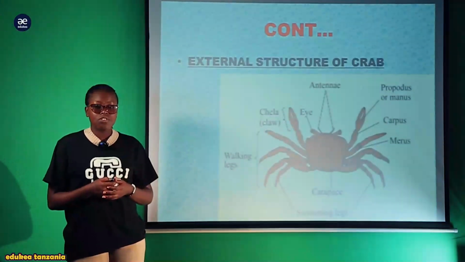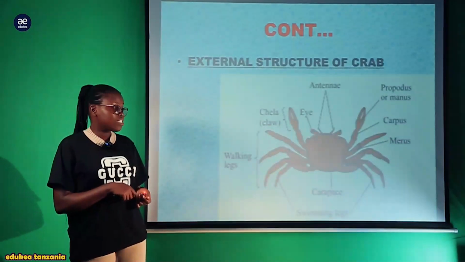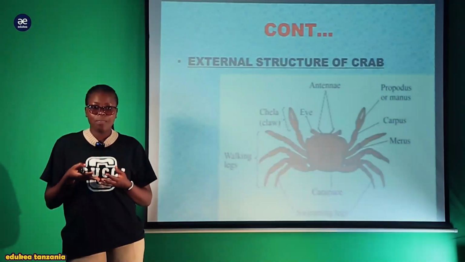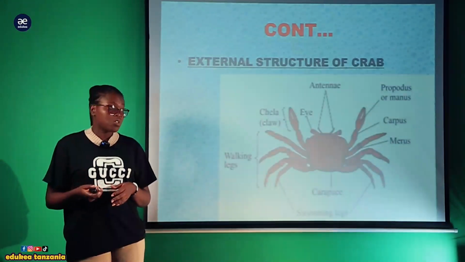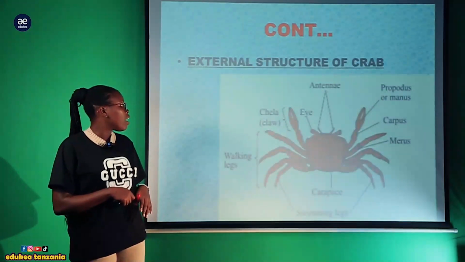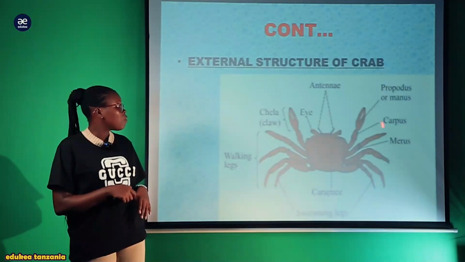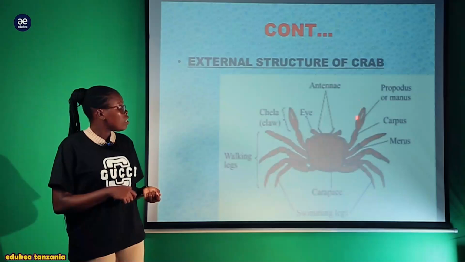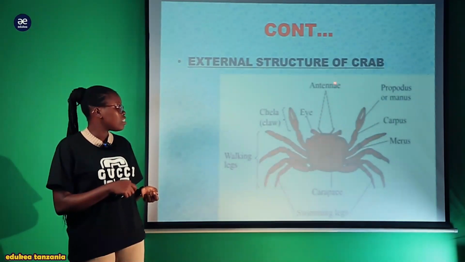Also, this is the external structure of the crabs as you see here. We have seen that their body structure is flattened. They are made up of two body parts, ambapo kuna cephalothorax pamoja na abdomen. Also, we have seen that they have branched appendages as you see here. These are the two paired antennae ambazo zinasaidia katika detection.